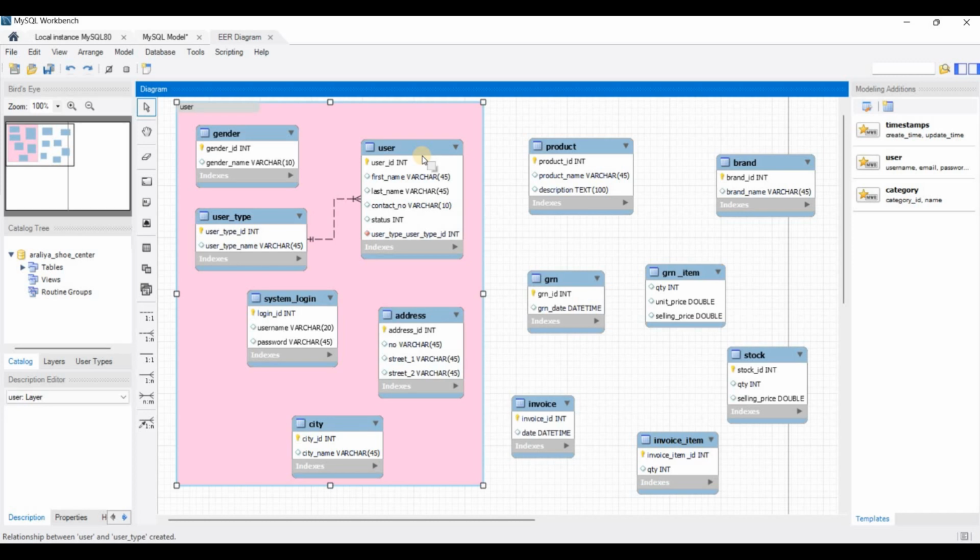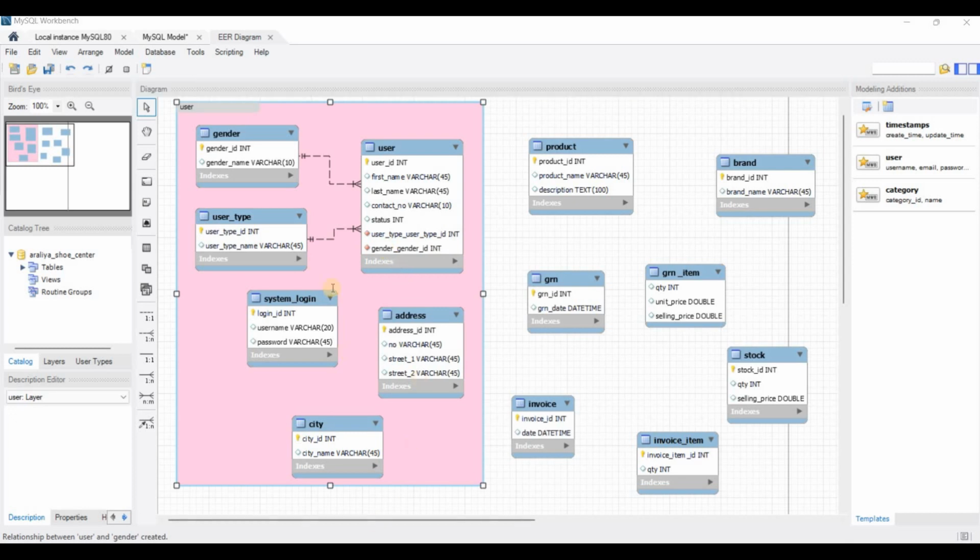When we get a gender, as example, when we get the gender title male, there will be more users who are male in the store. So the relationship between those two tables is also one-to-many relationship. So here's the many side and here's the one side. So here's the relation for the second question.